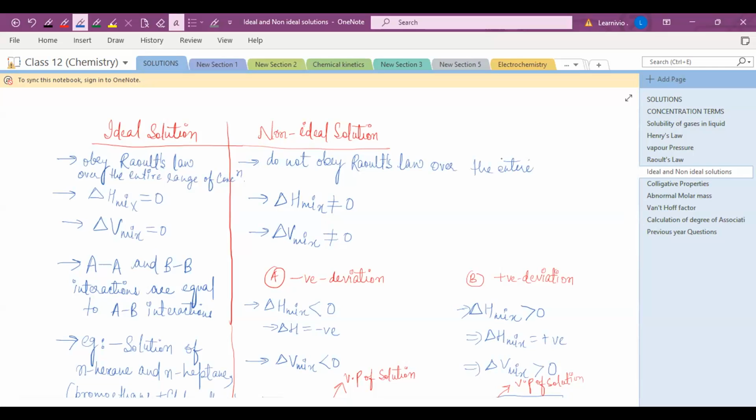So those solutions which don't obey the Raoult's law graph are known as non-ideal solutions. But those solutions which follow the Raoult's law graph and equation are known as ideal solutions.